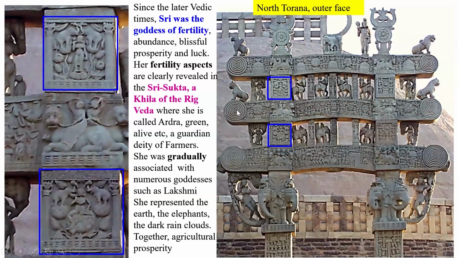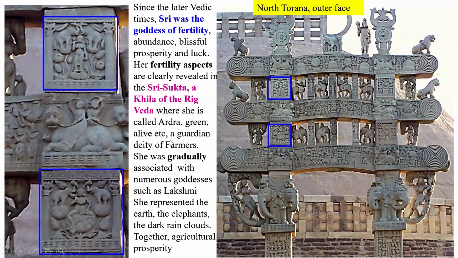We come to the concept of the Shri now. Remember, this is the time when the only source of prosperity was agriculture. Trade was not yet that big. So this represents, in the Shri Sukta also, the adjectives that are used for Shri stress her fertility aspect, because she is called Ardra, that means the wet one, green, alive.